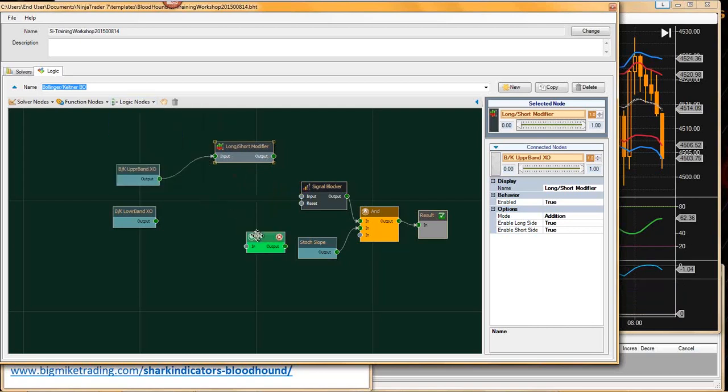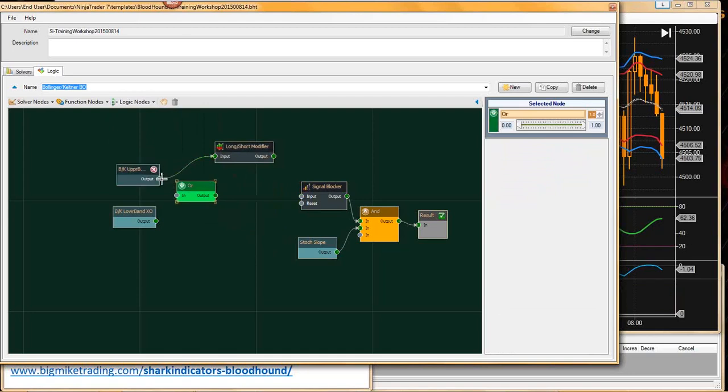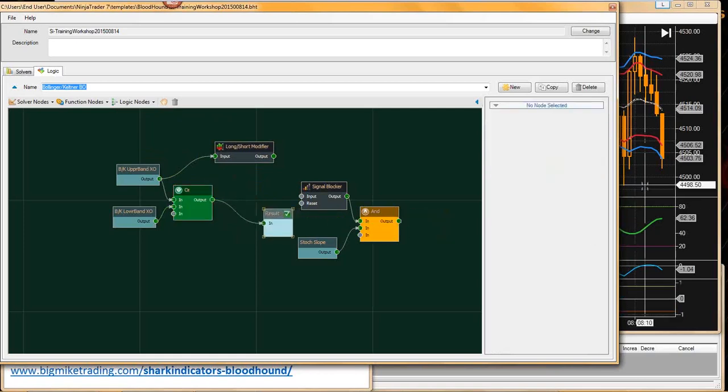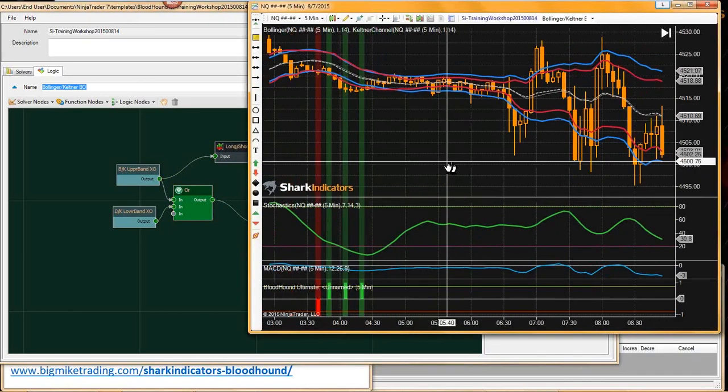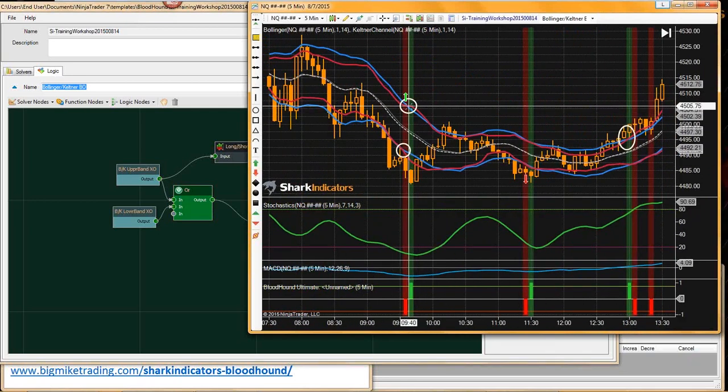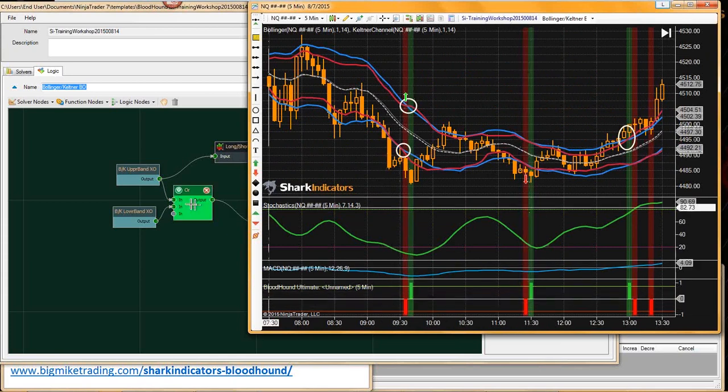I can actually put these two together into this OR node like this. Let's connect that up. So we're back to the beginning where we got the upper band and lower band crossing over, separate long and short signals.